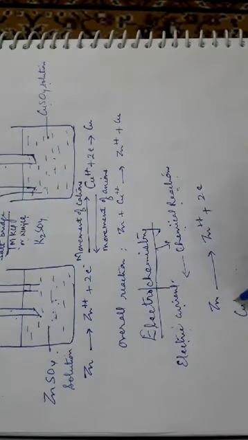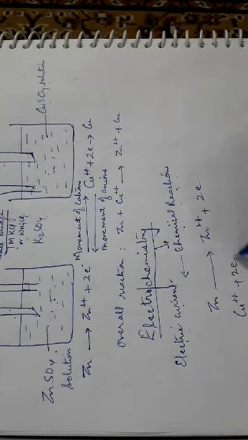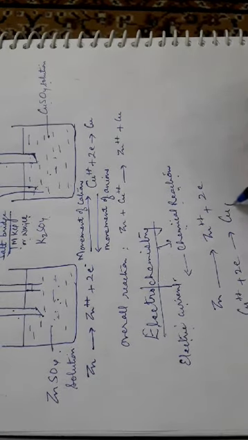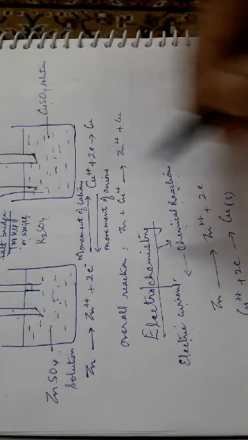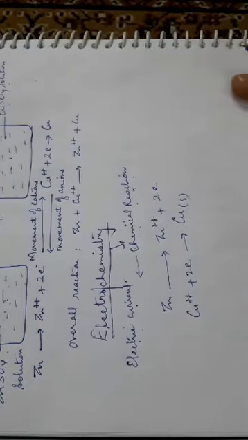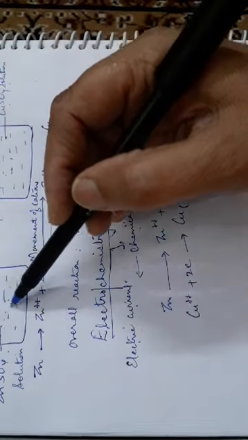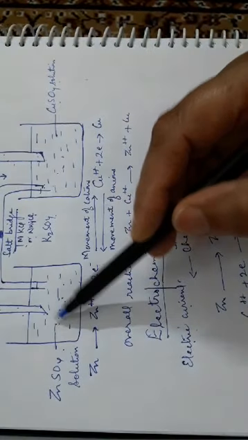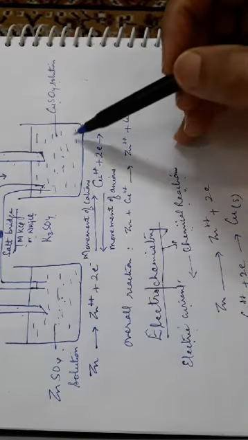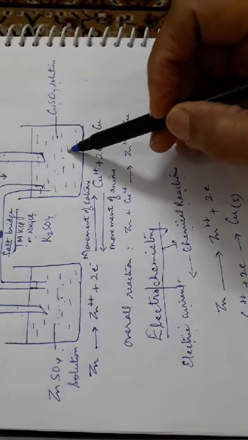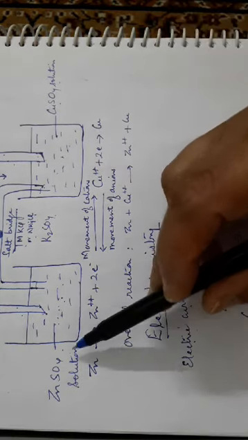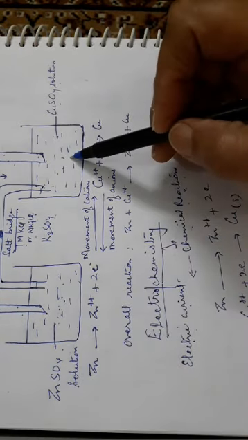The copper ions are getting reduced and deposited as solid copper at the surface of the copper electrode. As oxidation is taking place on the left hand side electrode, it is called the oxidation half cell. As reduction is taking place on the right hand side electrode, it is called the reduction half cell.